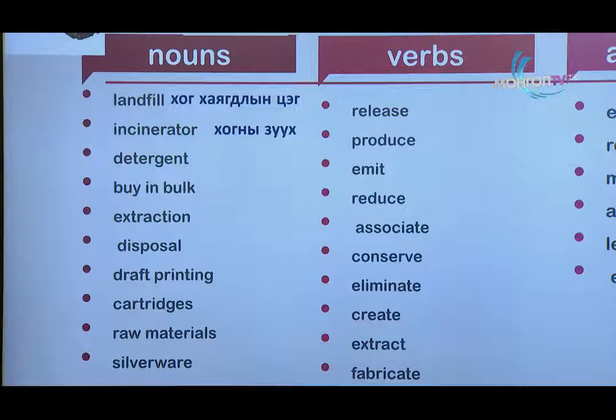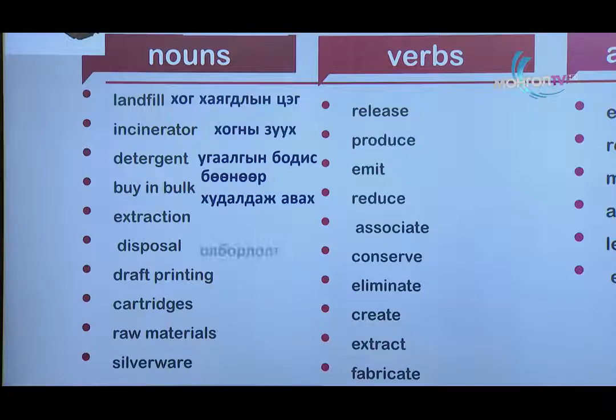Incinerator. Detergent. Buy in bulk. Extraction.